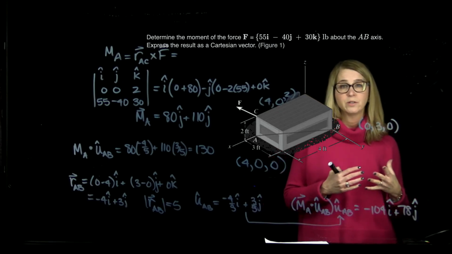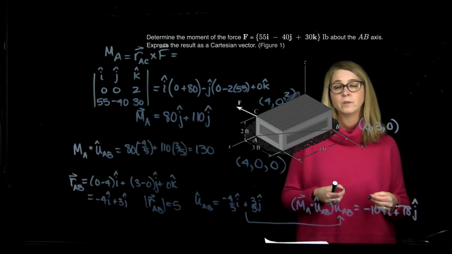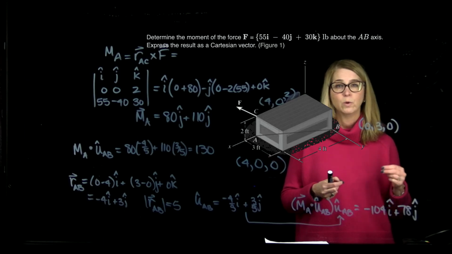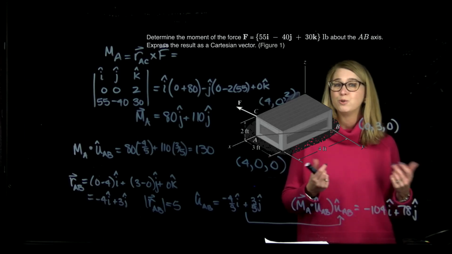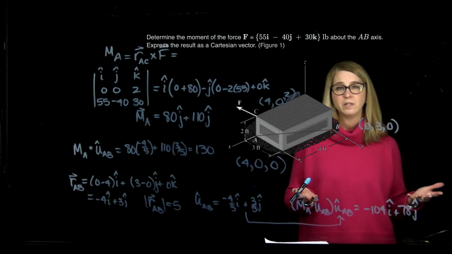Remember, it's pretty simple, it's just a series of steps that you always would do. You choose a point on the axis that you want to find the moment about. Choose one that's going to be easy to find the moment, like a lot of times it's going to be the origin.